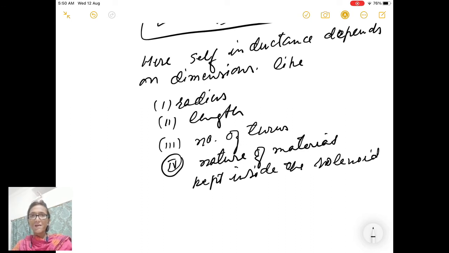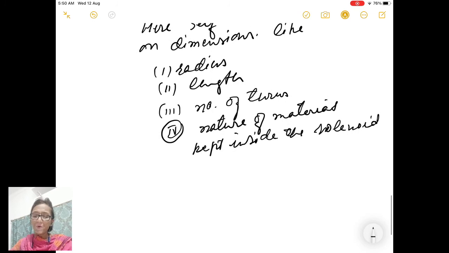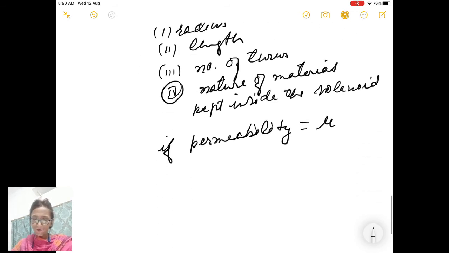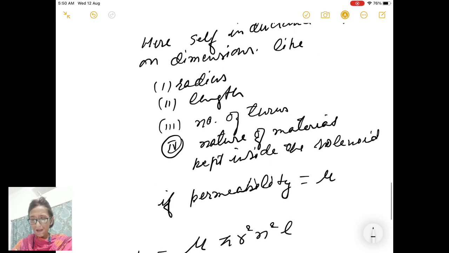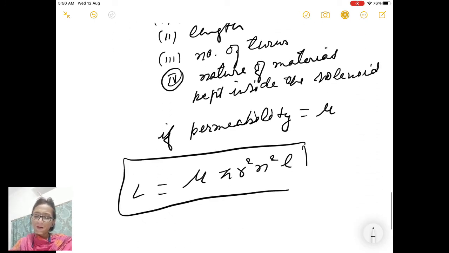If you take a material inside the solenoid of permeability μ, then this equation of self-inductance becomes L is equal to μ πr² n² l.